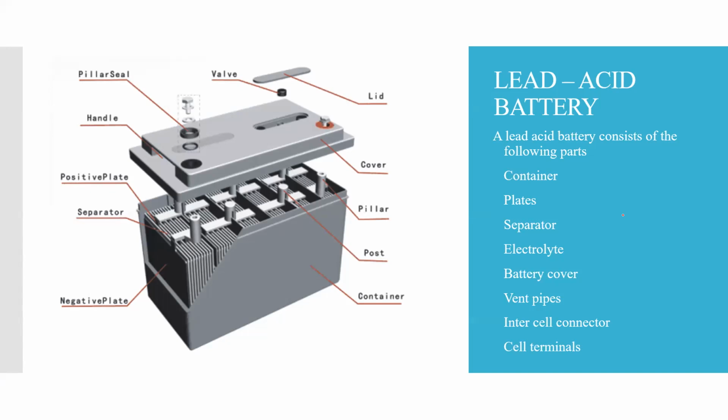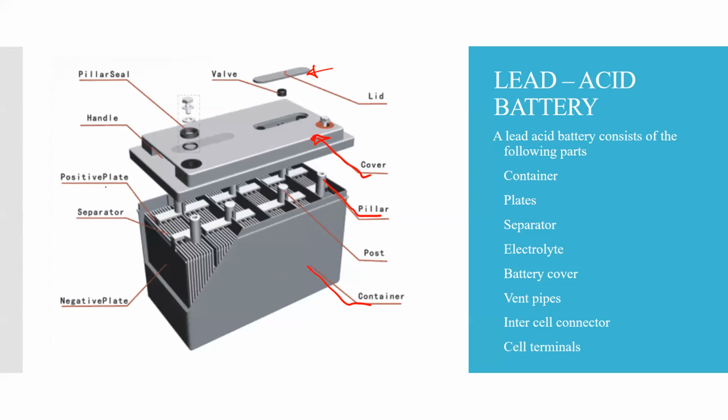So this is the construction of the lead acid battery. We have a lead here. Then there is a cover. There is a pillar, we will talk about that later. There is a container, and the container actually contains everything.